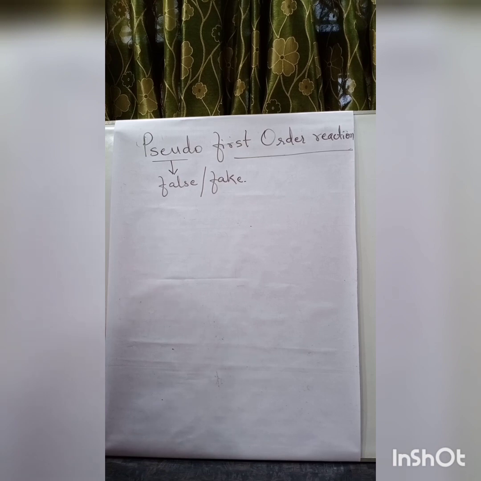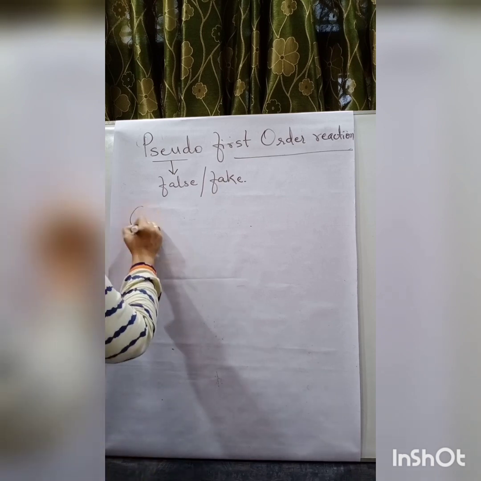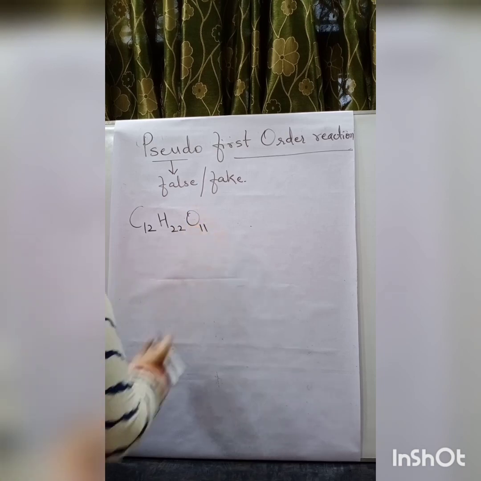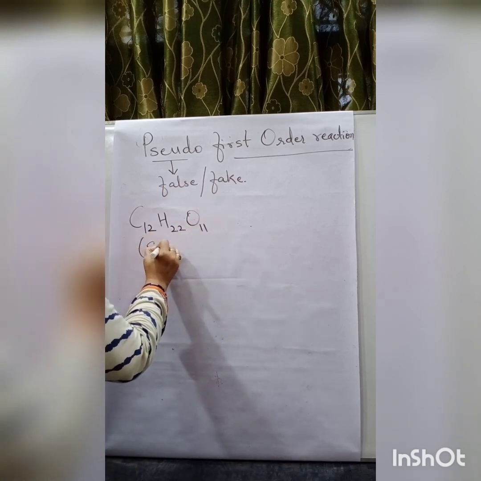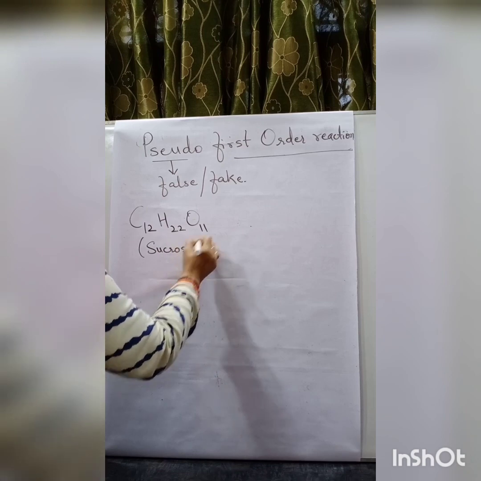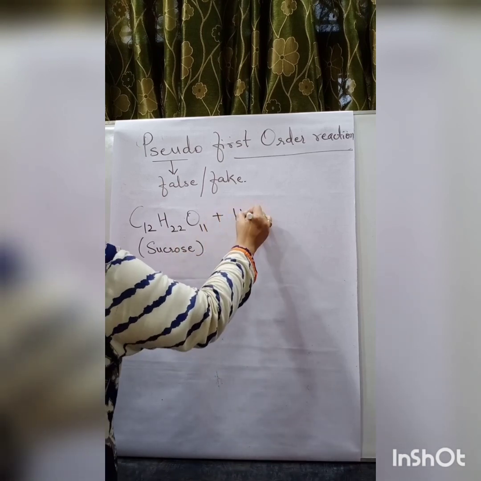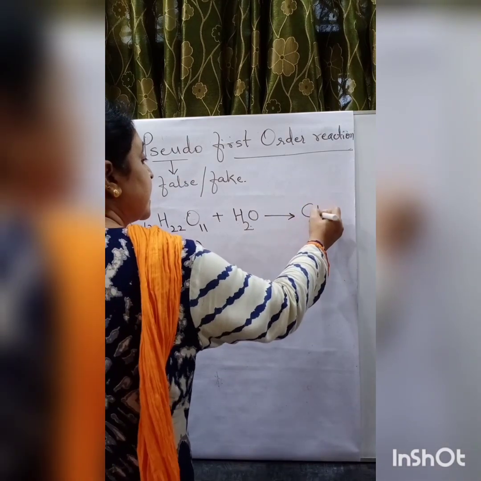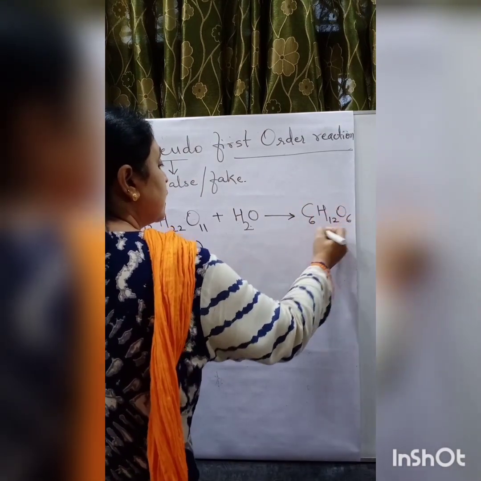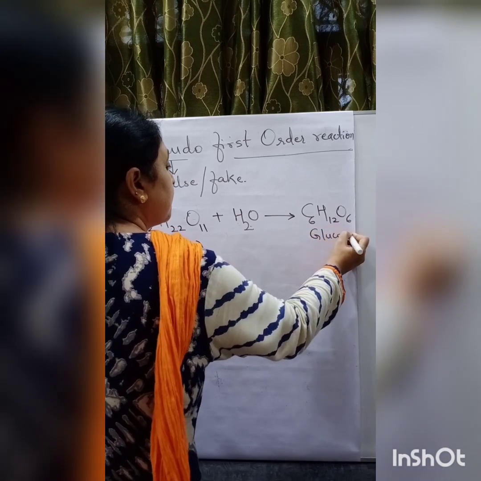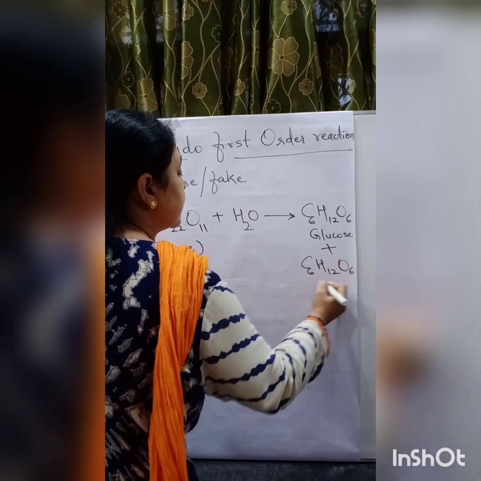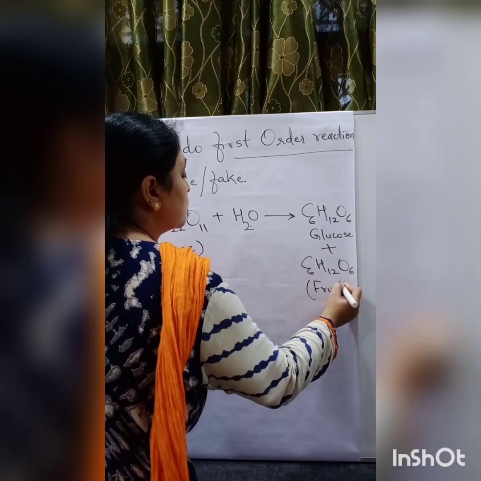For example, just consider the inversion of cane sugar. C12H22O11. This is what? Sucrose. When you add this into water, it decomposes to give C6H12O6, which is glucose, and C6H12O6, which is fructose.